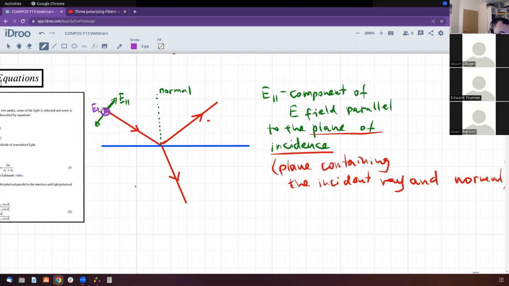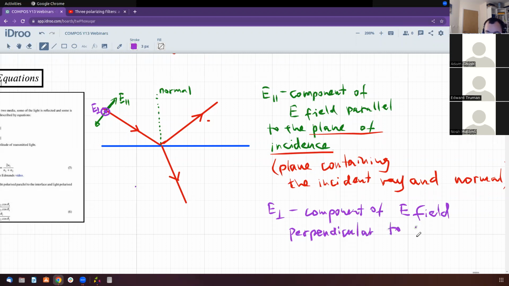That's E perpendicular, the component of the electric field perpendicular to the plane of incidence. So it's going in and out of the paper.